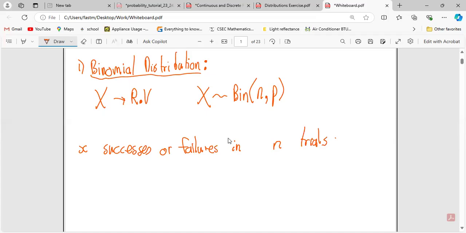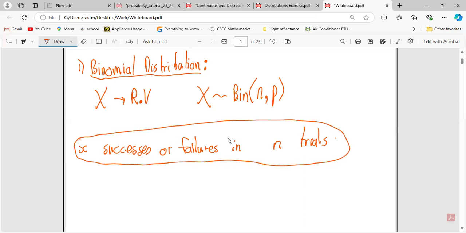How I worded that, it has to be a binomial because it falls under the stricter definition of x successes or failures in n trials. And p is just the probability of a success, and that has to be the same for each trial. It can't change. By default, q is the probability of a failure.